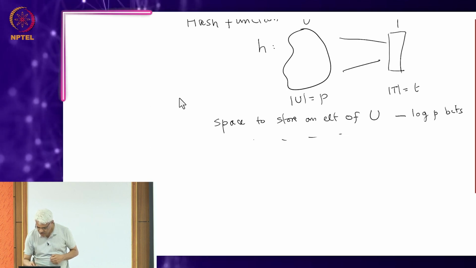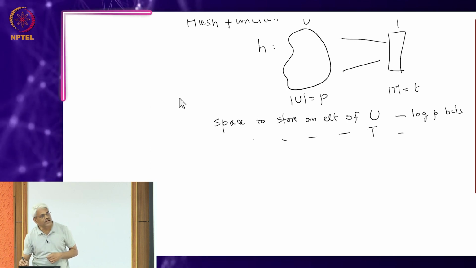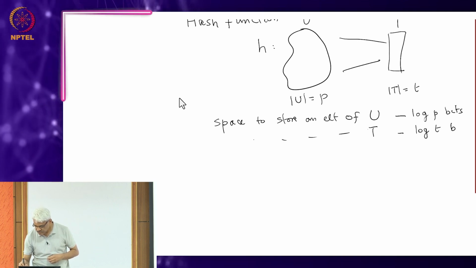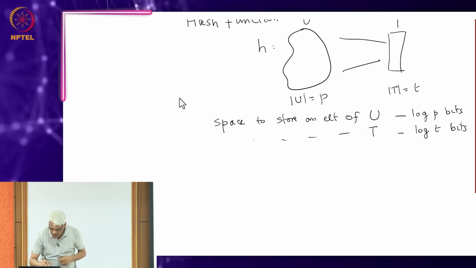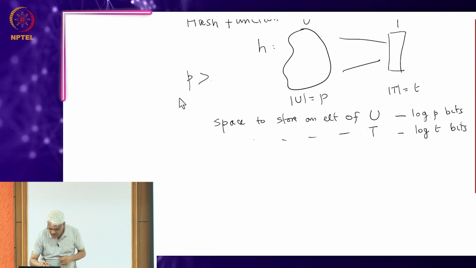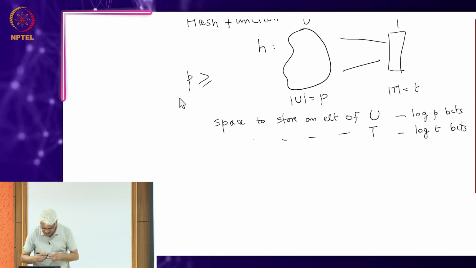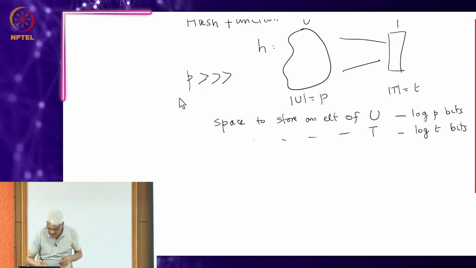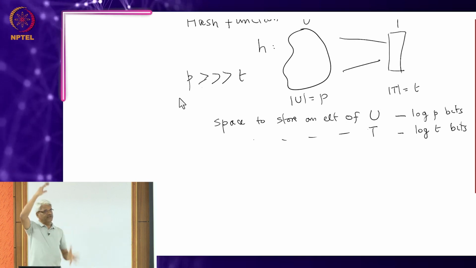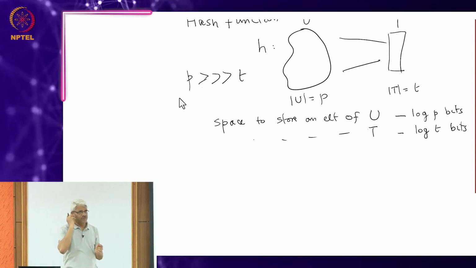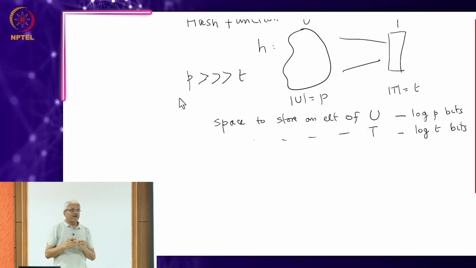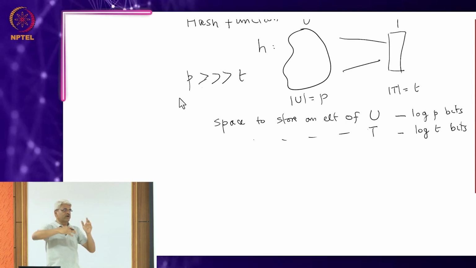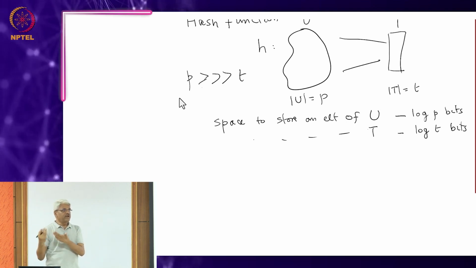and by the same token, if I want to store an element of T, it will be log T bits, and P is going to be much larger than T. T is a small table and P is my large universe. So, for example, you might think of a compiler table, where you want to take all words used by your programming language and map them to some 20 cells or something like that.